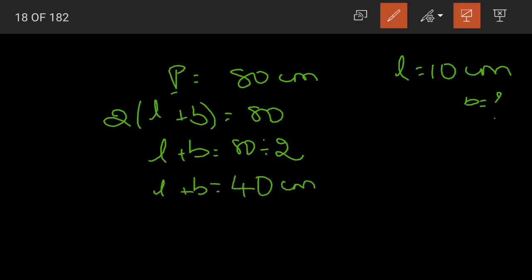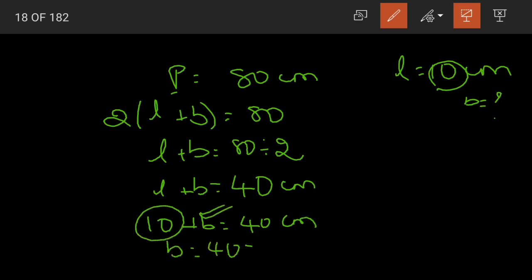This is what we know. Now from that we already know the value of L. Length is 10 centimeters. So 10 plus B is equal to 40 centimeters. Again, as you already know, here one of the addends is missing. To find out, we subtract the given addend from the sum. 40 minus 10 is equal to 30 centimeters.